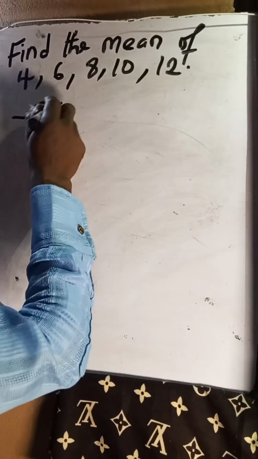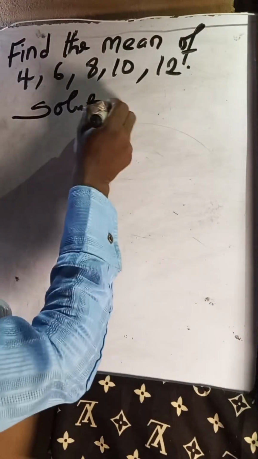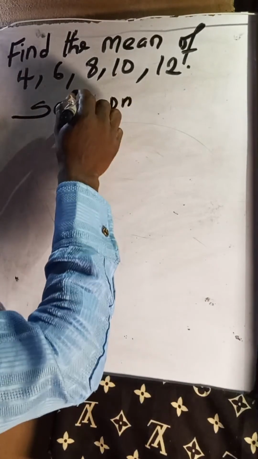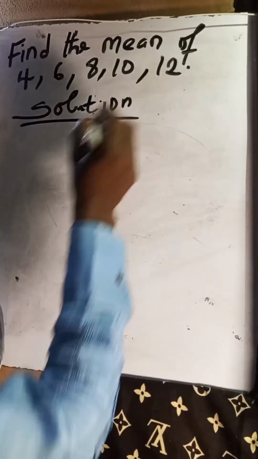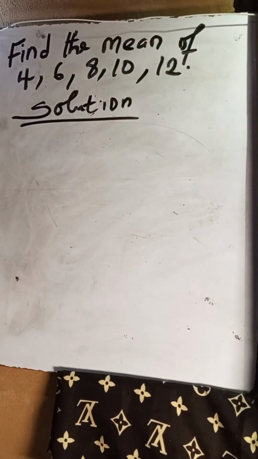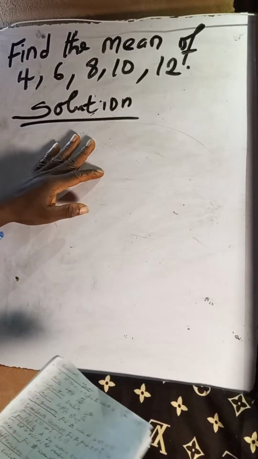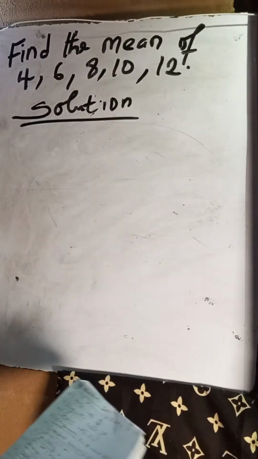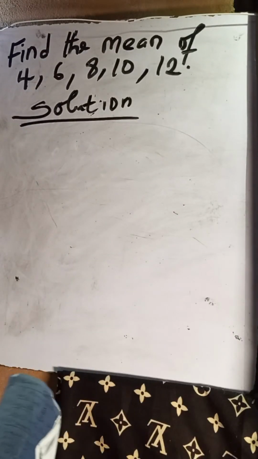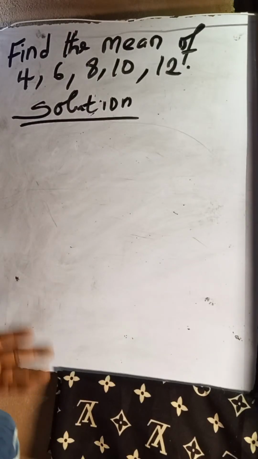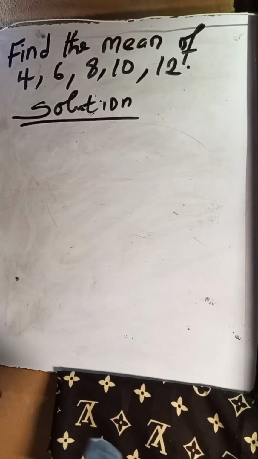Yes, I'm sure somebody watching me now can give me the answer. So don't forget, this is statistics. Statistics is divided into two: we have measure of central tendencies, the central number, and measure of dispersion, the scatter or deviation. So let's proceed.